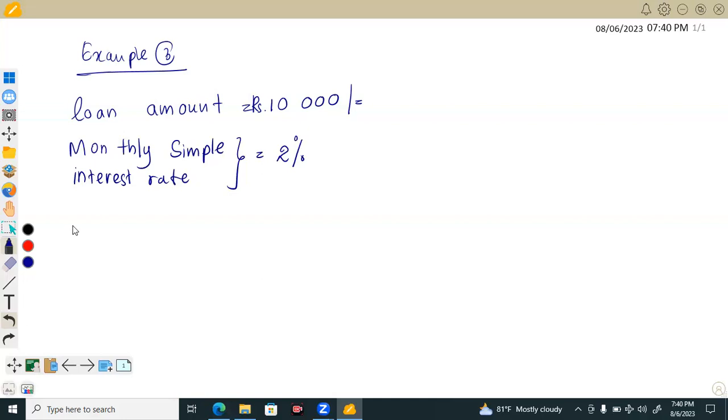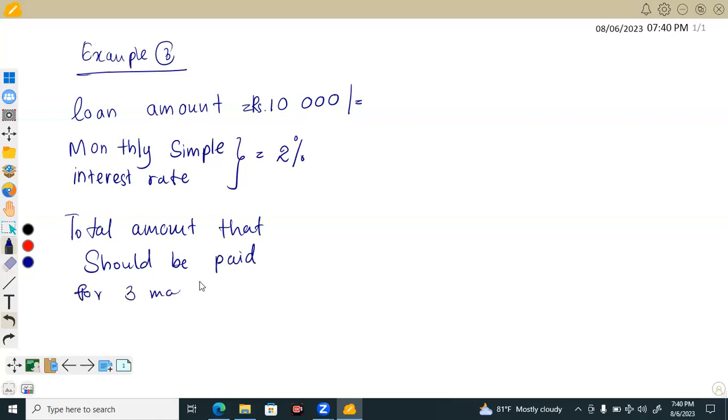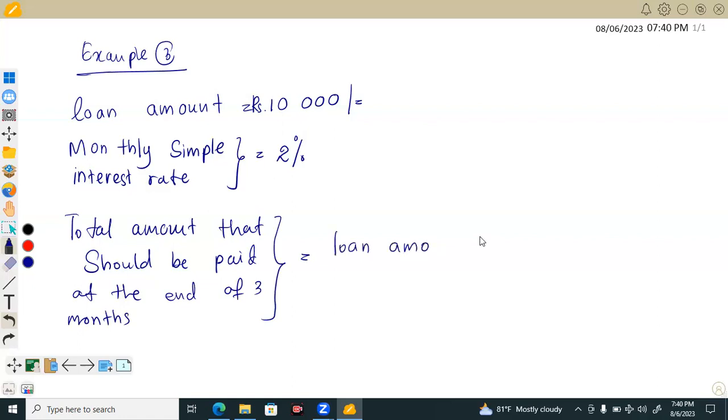Then total amount that should be paid at the end of 3 months equals to loan amount and interest for 3 months.